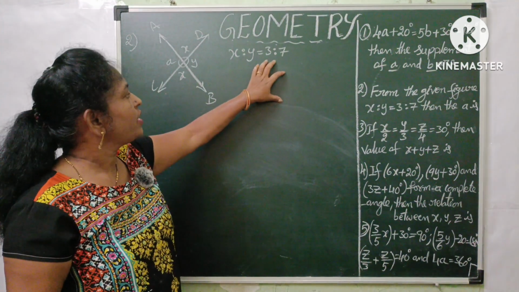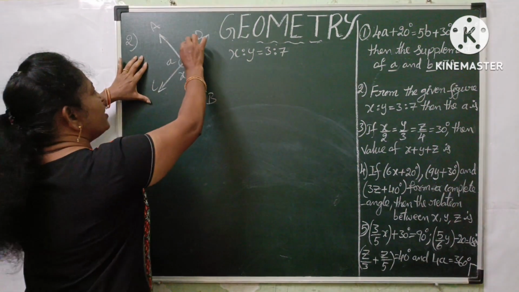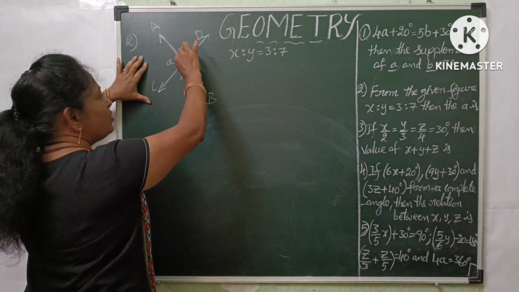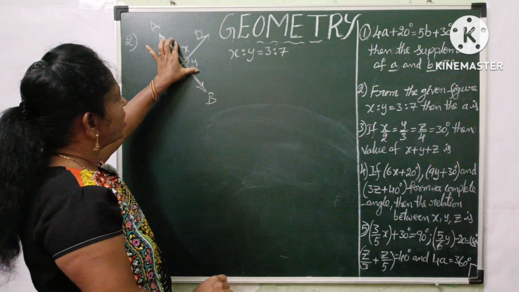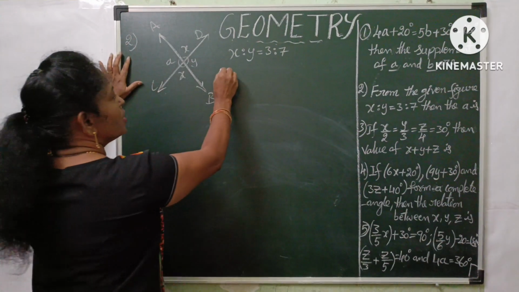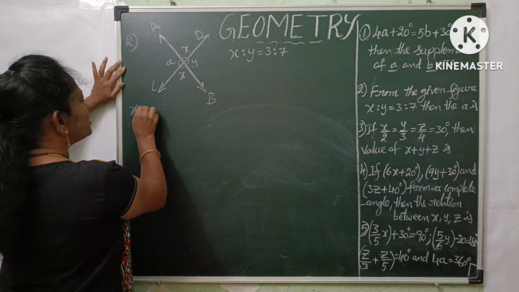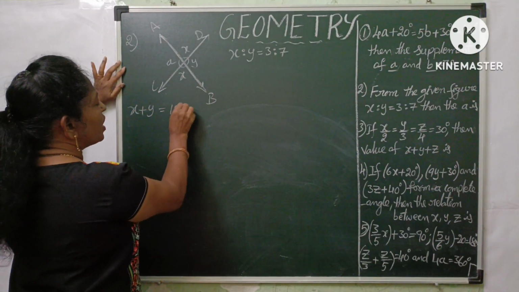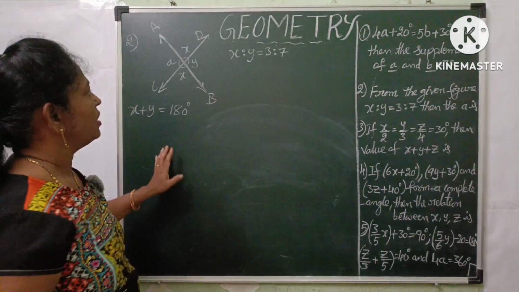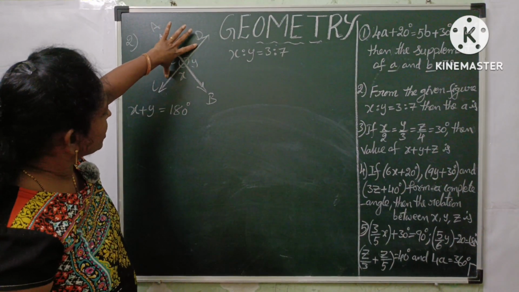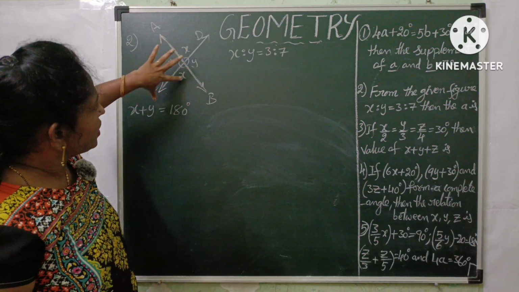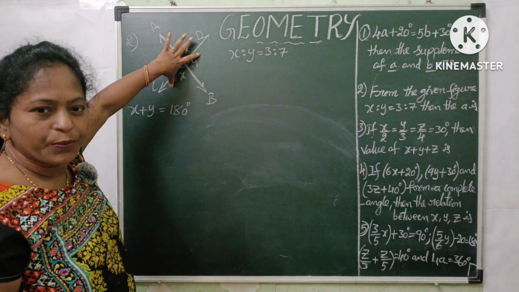Ratio has been given here. So here, x, y. If you compare from the figure, straight angle. Yes or no? Straight angle means 180 degrees. So here, x plus y equal to 180 degrees, straight angle. And also this direction also. Check it there, here also it is x, y straight angle.